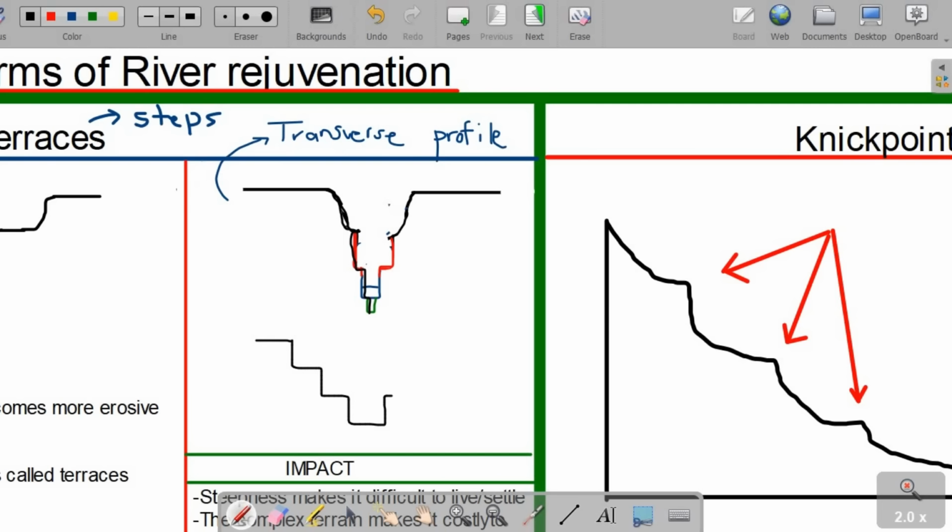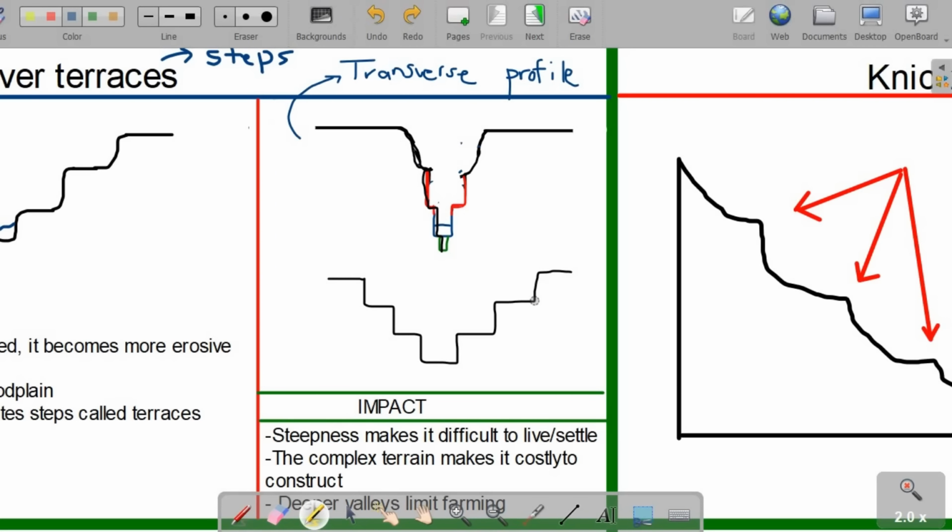Whenever a river is being rejuvenated, it becomes more erosive and it erodes going downwards. It develops a new flat plane. If you look at this, this was the first river bed, and you had water running along there, and then the river got rejuvenated and it began to erode going downwards.